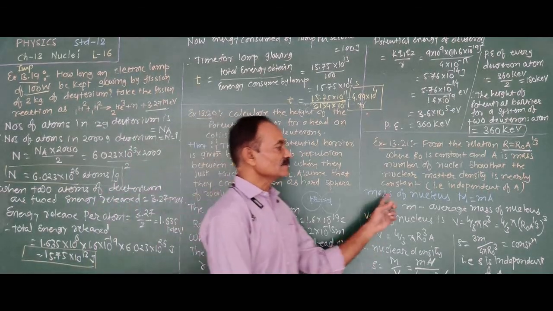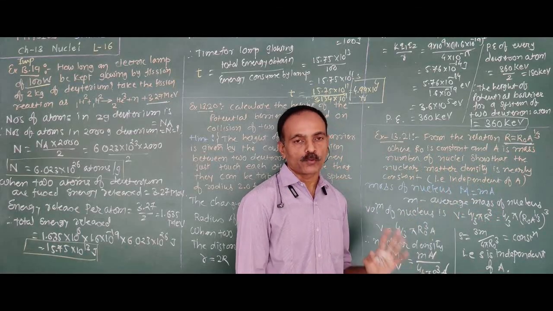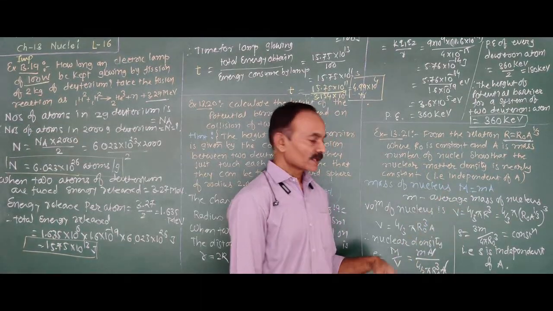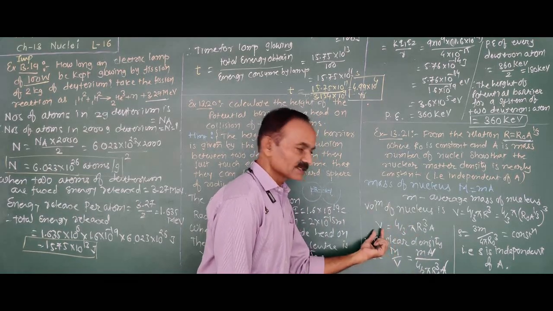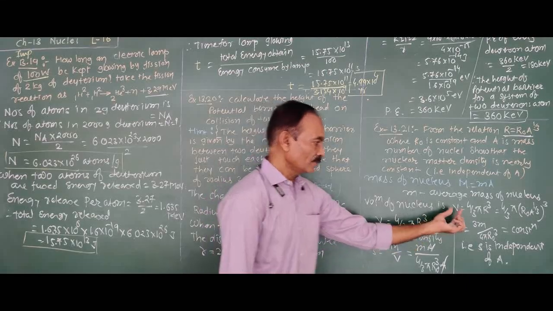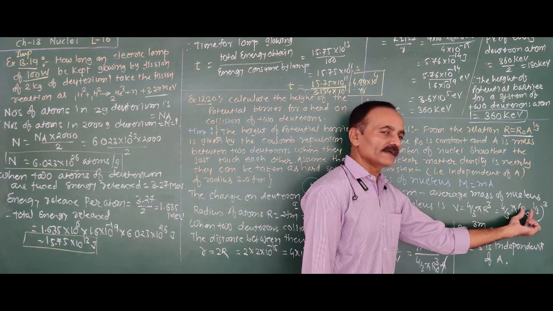Again, the mass of any nucleus is equal to the average mass of the nucleus into the atomic mass number, that means m into A. Now, the volume of the nucleus V is equal to 4 by 3 pi R cube, where R is equal to R0 A to the power 1/3. Substitute the value.